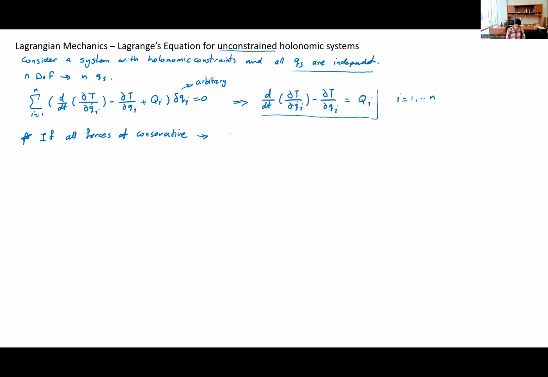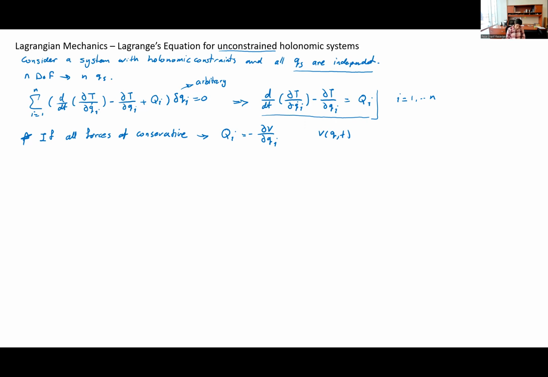In this case, we know these Qi's are some partial derivatives of a potential function V, and V is only a function of positions and possibly time. So we know our generalized forces can be written in such a way.